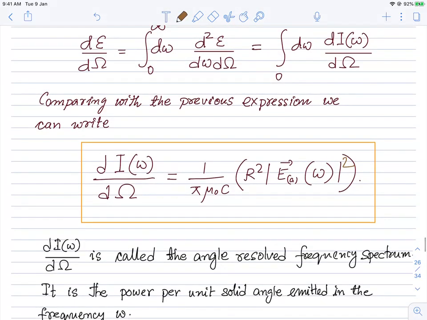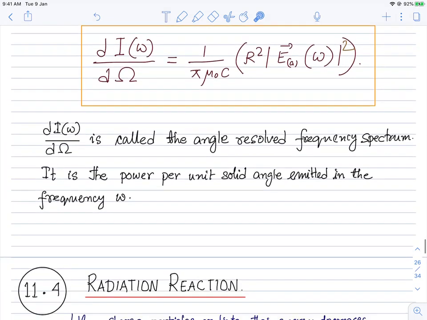So this is a measure that is often used. Instead of calculating power, you calculate the amount of energy that goes into some solid angle d omega and into the frequency omega. So different frequencies will get different amounts of energy depending on what the Fourier transform of the electric field is. That is the idea.